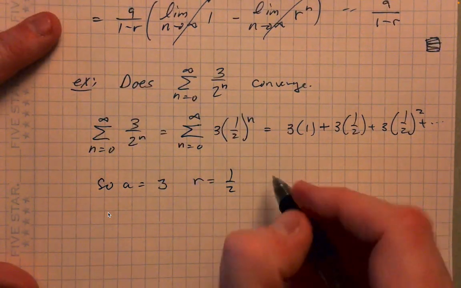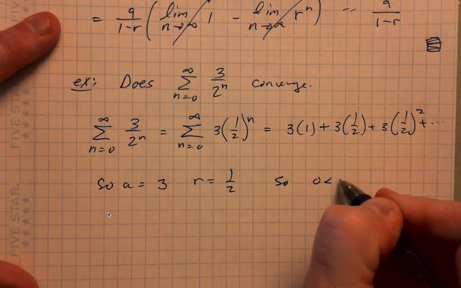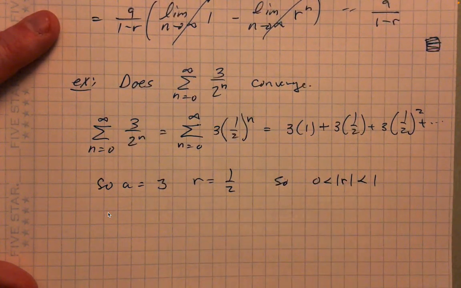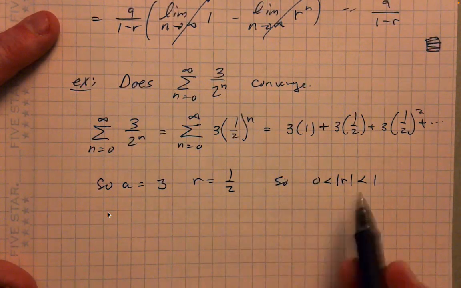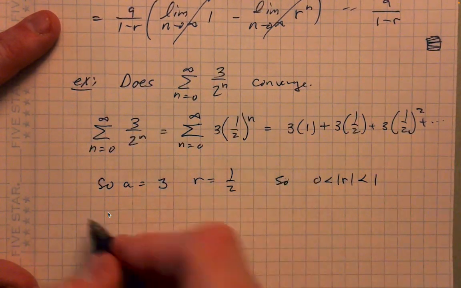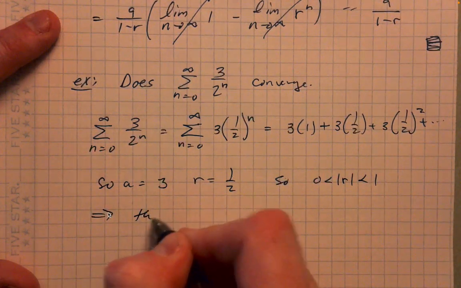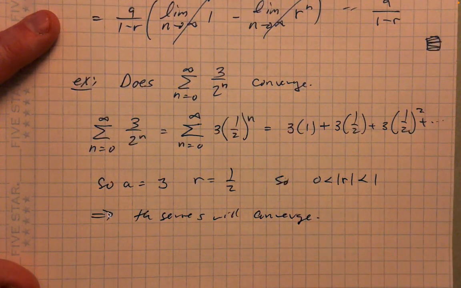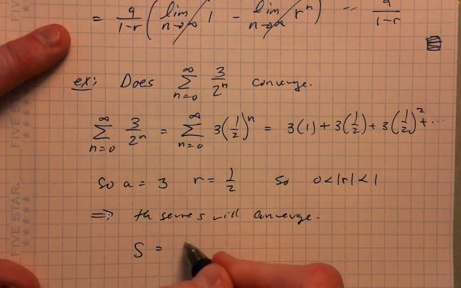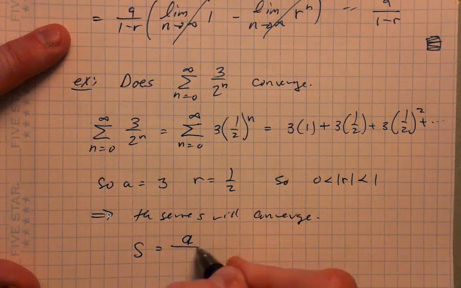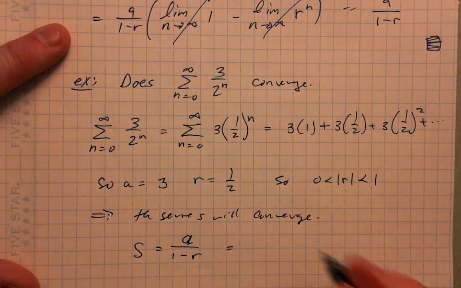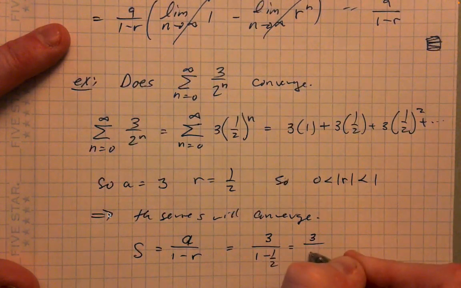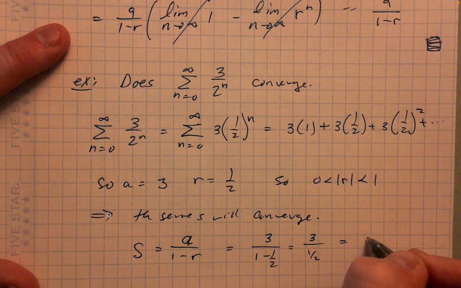Basically, 0 is less than the absolute value of r, which is less than 1. r is a half, so it's right in between. Because of this, the series will converge, and specifically it will converge to s equals a over 1 minus r, which in this case is 3 over 1 minus a half, otherwise 3 over a half, which is 6.